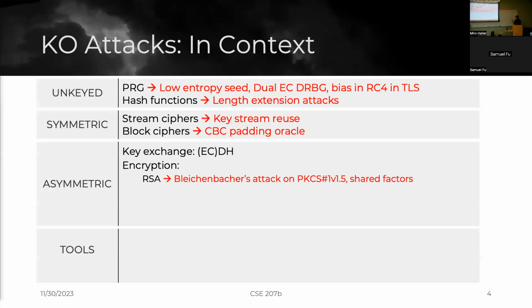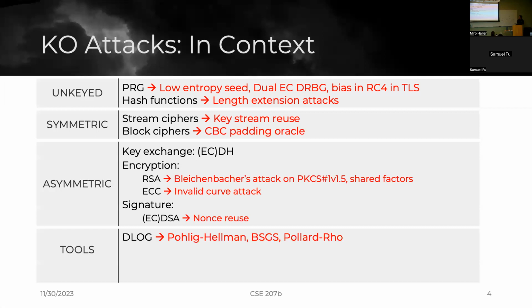Or if you generate RSA secret keys with low entropy, then it's possible that you reuse prime factors of your modulus, and then you can do a remainder tree attack that you implemented in the Mining Ps and Qs homework. There is also elliptic curve cryptography, which is vulnerable to the invalid curve attack that you just did for homework 7. There's also signatures, for example, ECDSA, which could be vulnerable to nonce reuse attacks.